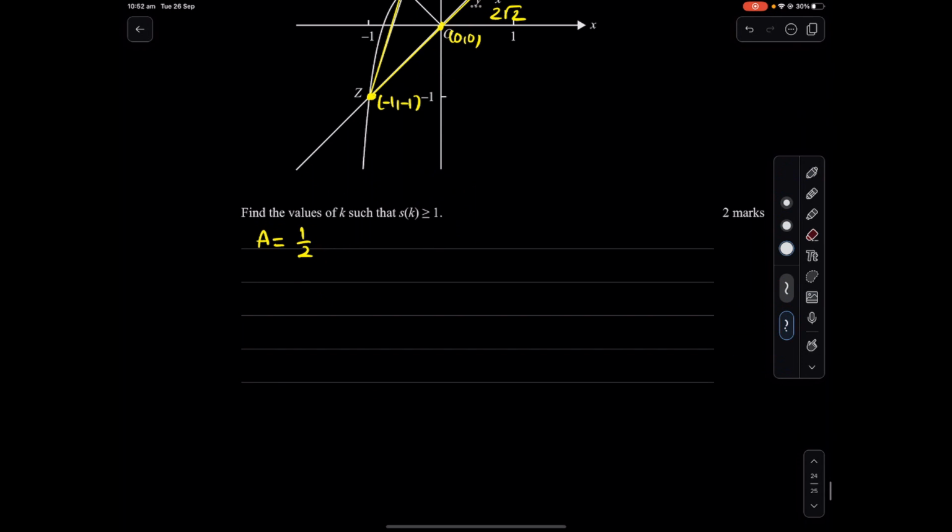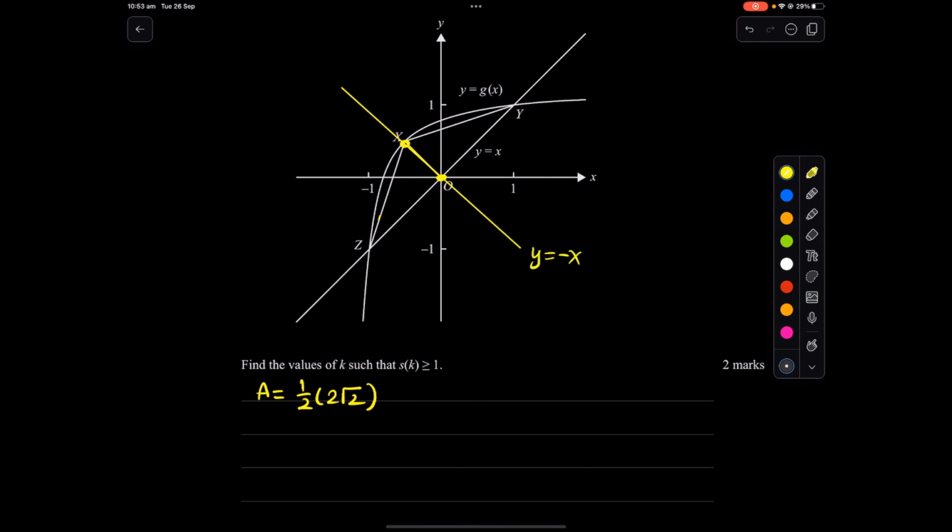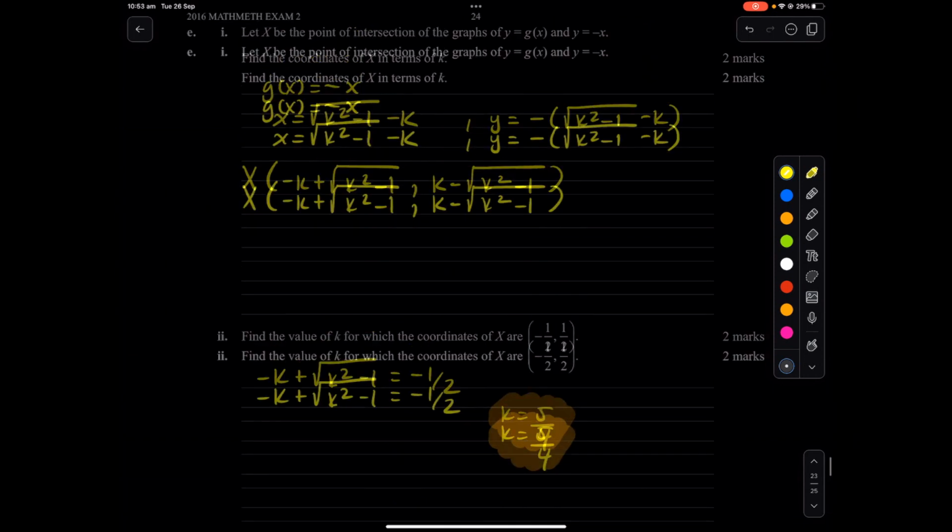So we put 2 root 2. Now, what do we know too? To find the coordinate of the height, we know that's 0, but we just need to find this coordinate over here. To do that, I know for a fact that the line y equals negative x, which we did over here, didn't we?